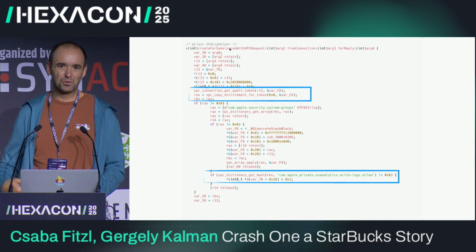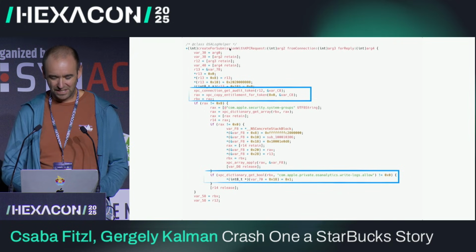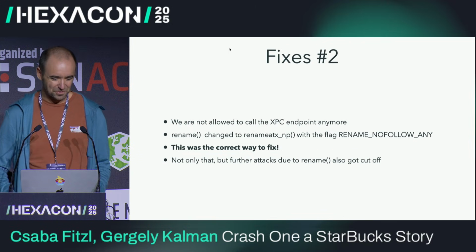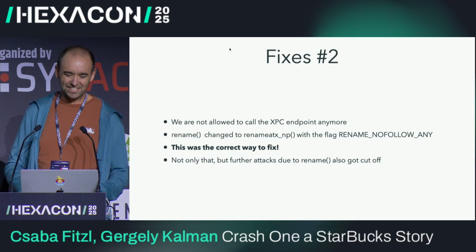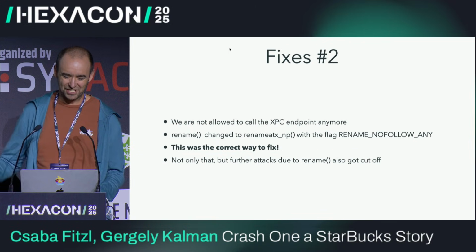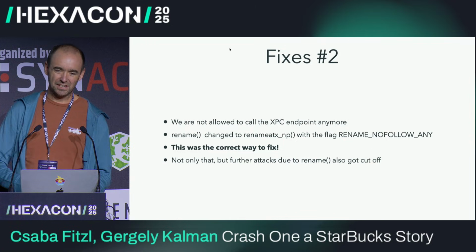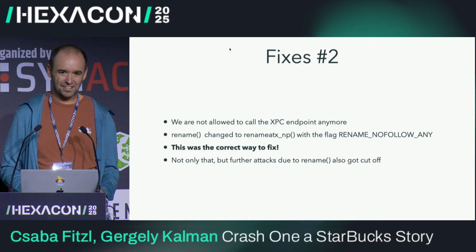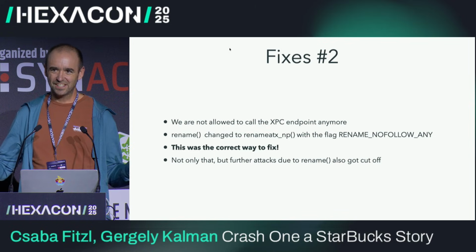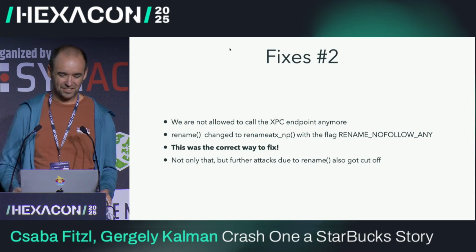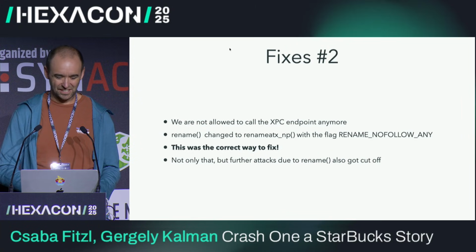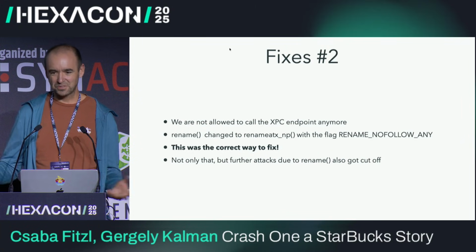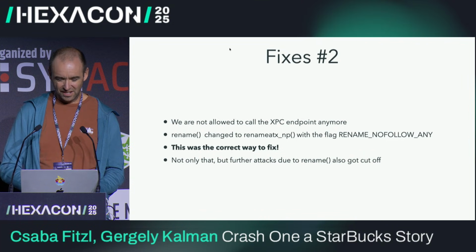It means you can no longer call OSAnalyticsHelperD through XPC. And the other fix was they changed the rename to the renameatx_np system call, and they put the RENAME_NOFOLLOW_ANY flag, so they don't follow any symbolic links from now on, and actually this is the way to fix it. Yeah, so they fixed it both ways.